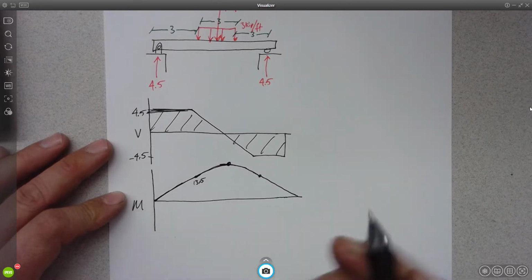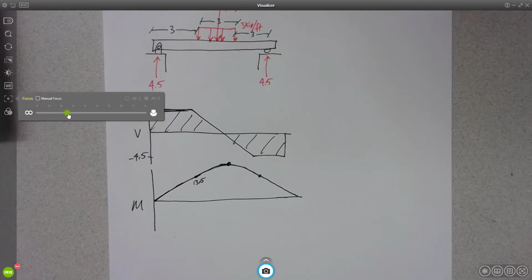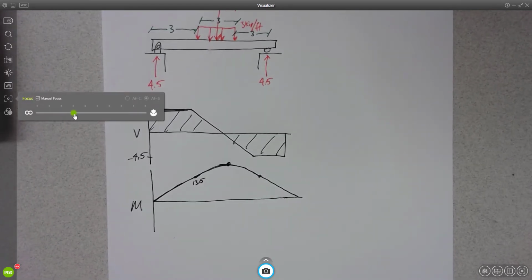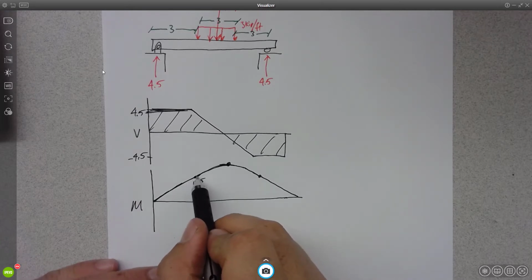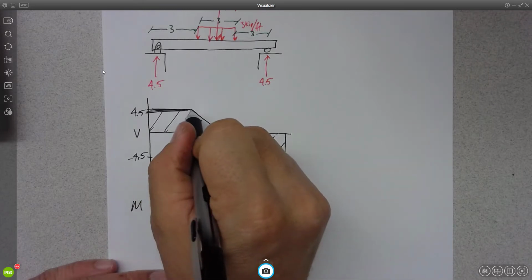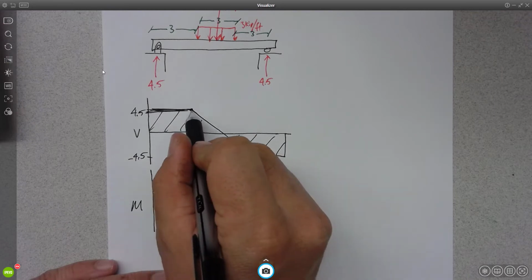So how do we find the magnitude of that point right there? How would we find the peak of my little mound? We could go back and solve, but we can actually do it graphically too. I'm at 13.5 here, right? And remember, the change in the moment diagram is equal to the area underneath the shear diagram.